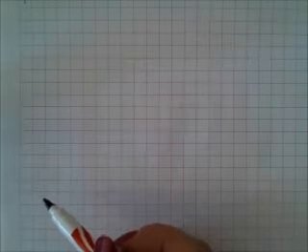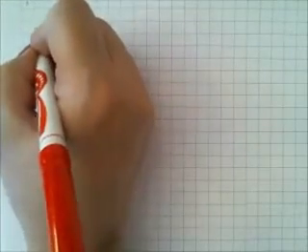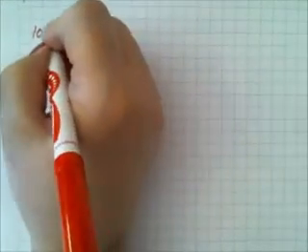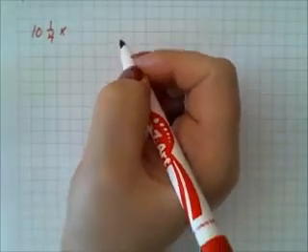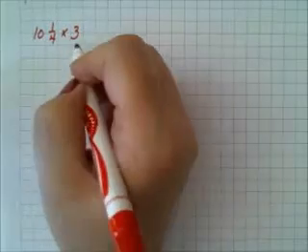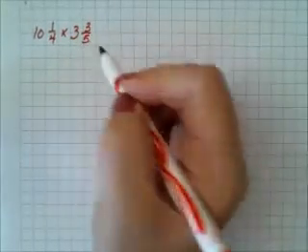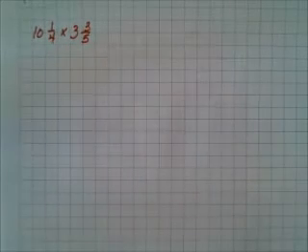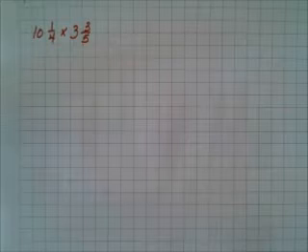So an example. If we had 10 and 1/4 times 3 and 3/5, I would need to change both of these into an improper fraction.